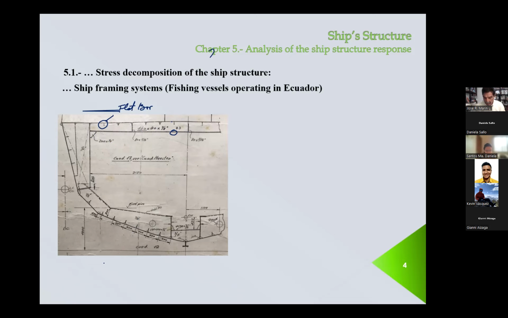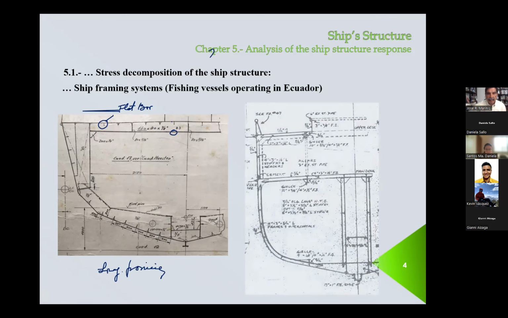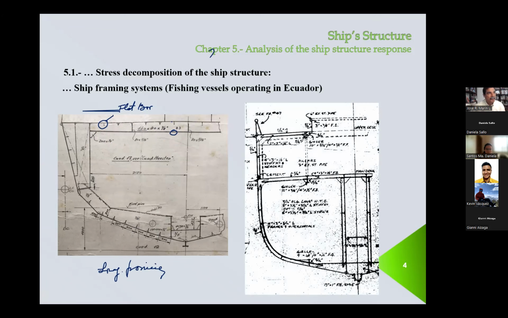It's a fishing vessel. Now here, this is a Doña Tula. Check the height of the transverse elements, and here you can check the height of the longitudinal elements, the girders.